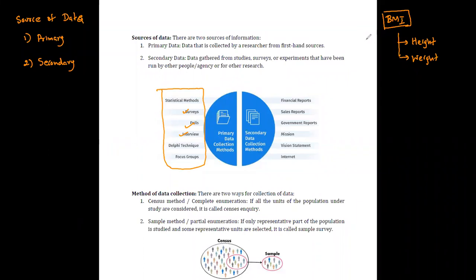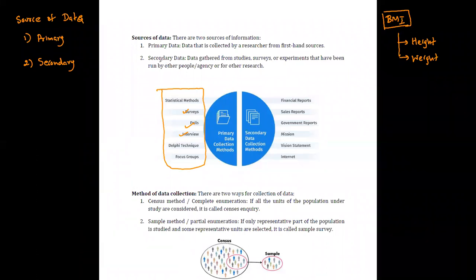Please do not misunderstand this. If you are conducting the study, you can appoint some investigators. So if you or your investigators measure this data for the specific purpose of this study, then this can be considered as the primary data.